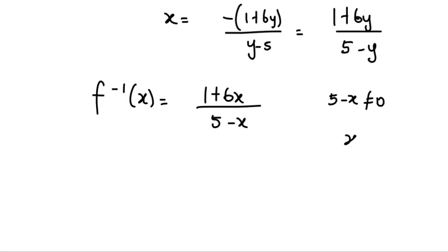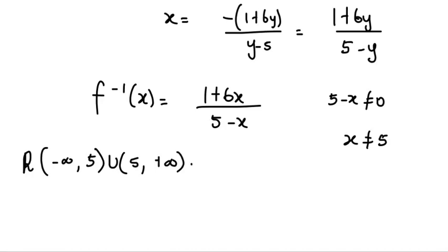So from here we see x must not be equal to 5. This makes sense, right? Therefore the range of the original function is negative infinity all the way to 5, then union 5 all the way to positive infinity. And that's it.